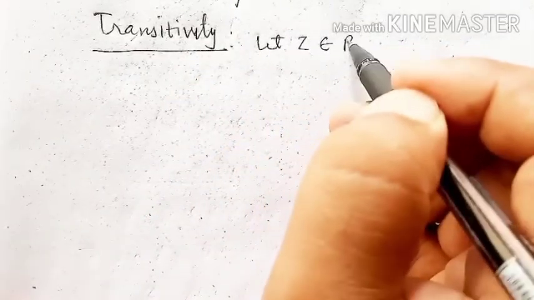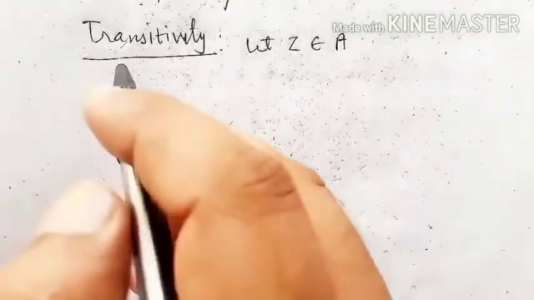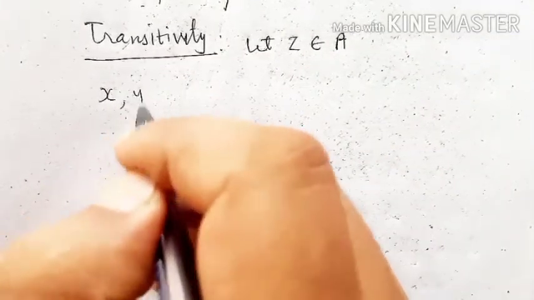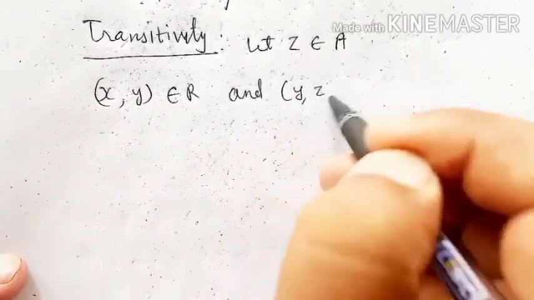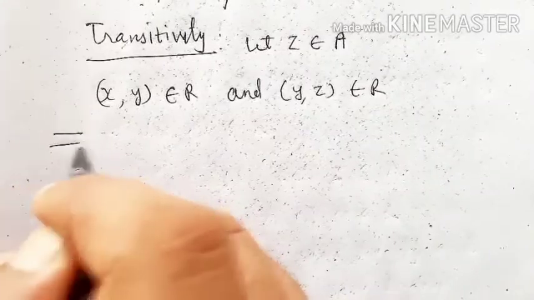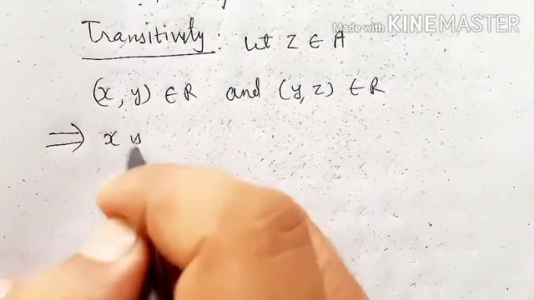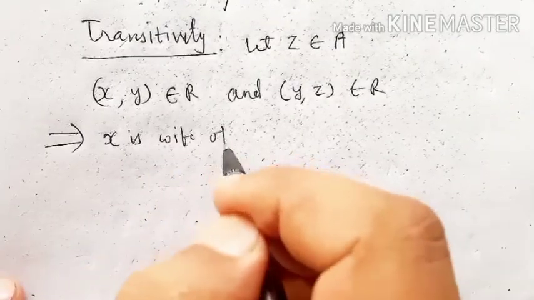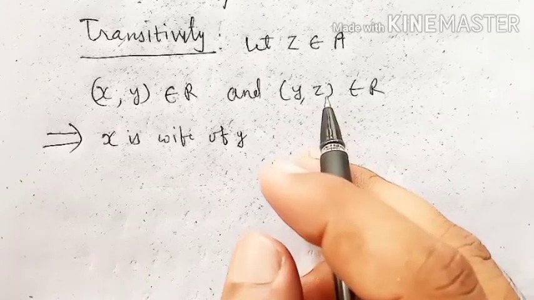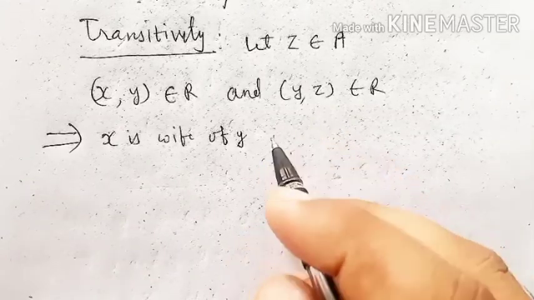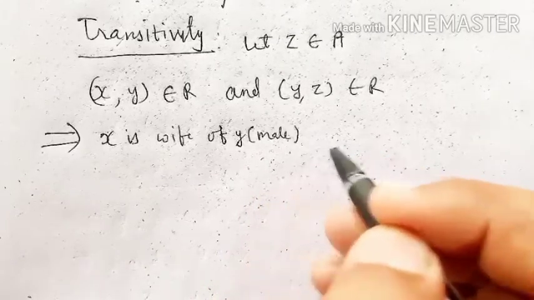Let Z belong to A. (X, Y) belongs to R and (Y, Z) belongs to R implies that X is wife of Y. Then Y is husband, Y is male.